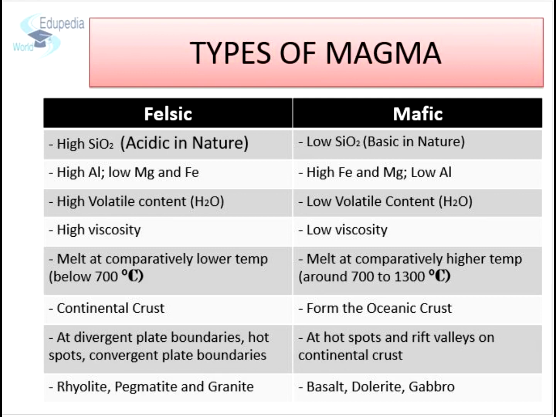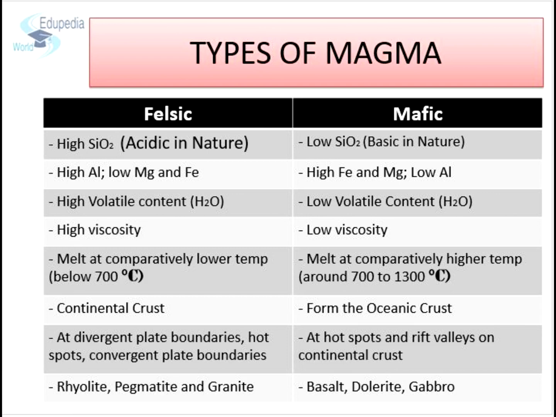It is observed that felsic or granitic magma is generally high on silica content and is acidic in nature, while the basaltic magma is basic in nature with low silica content. Felsic magma has high volatile content, that is H2O, while mafic magma has low volatile content.